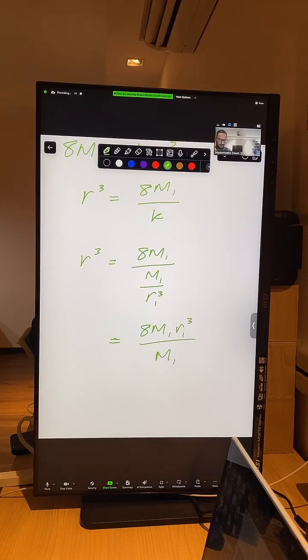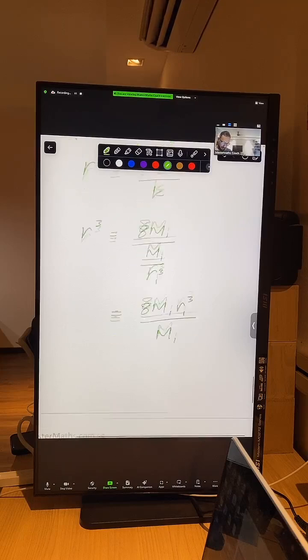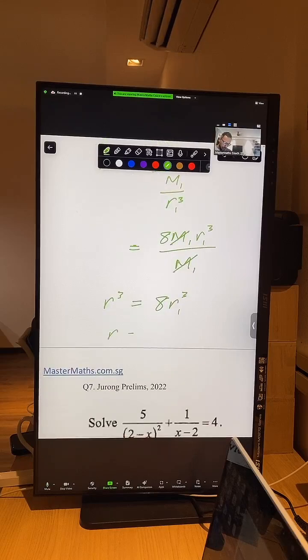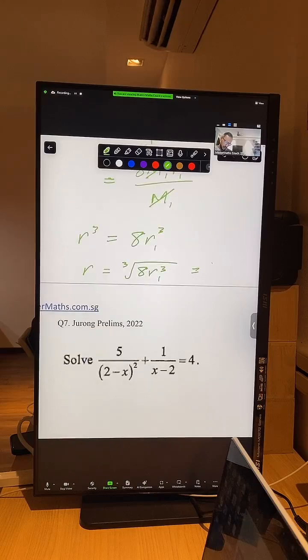So I can cancel the M1, cancel the M1, and I'm left with 8R1 cube. So R will be the cube root of 8R1 cube, which gives me 2R1, because you cube root the 8, you get 2, and you cube root the R1 cube, you get R1.